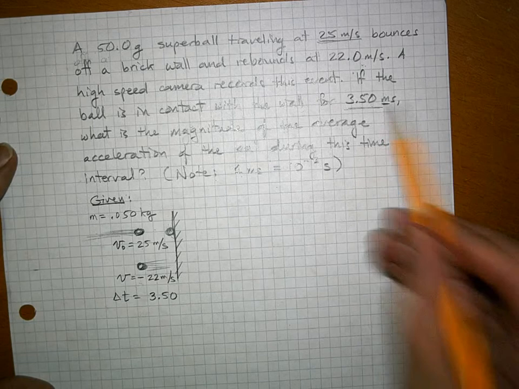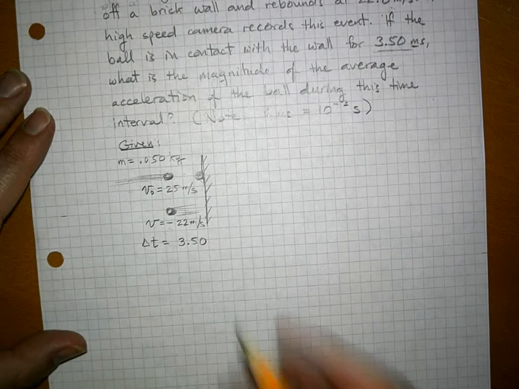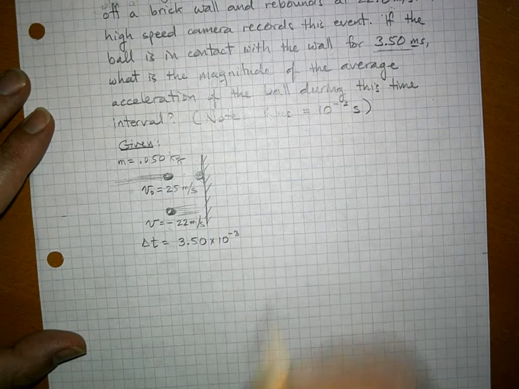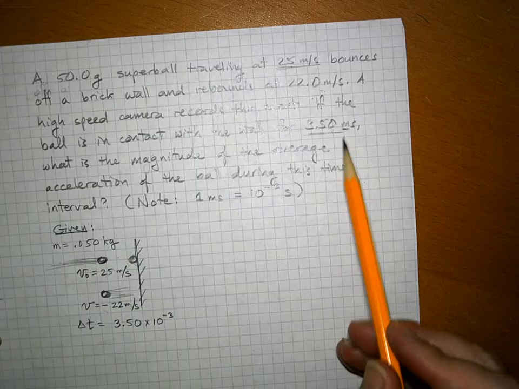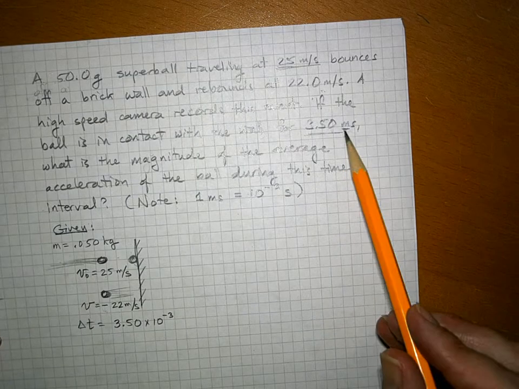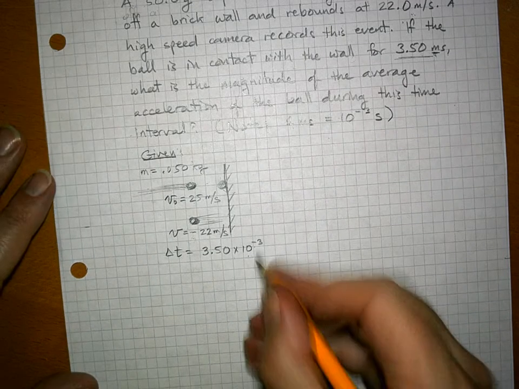What does milli mean? Milli means 1,000th of a second. And the way I'm going to write it here is times 10 to the negative 3. Whenever you see a milli, anything, a milli means 10 to the negative 3 seconds.